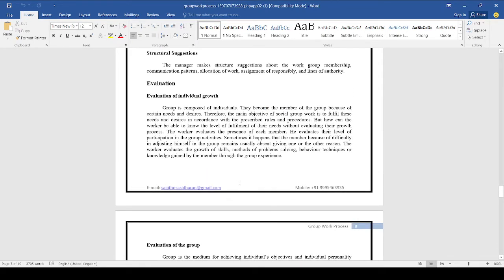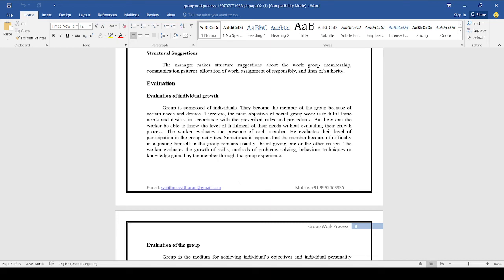Evaluation of the individual growth means, we all know, we are composing some individuals into the group. They become members of the group because they have some needs and desires. Their main objective is to fulfill these needs and desires in accordance with the prescribed rules and procedures of group work. So the worker evaluates the presence of each member.